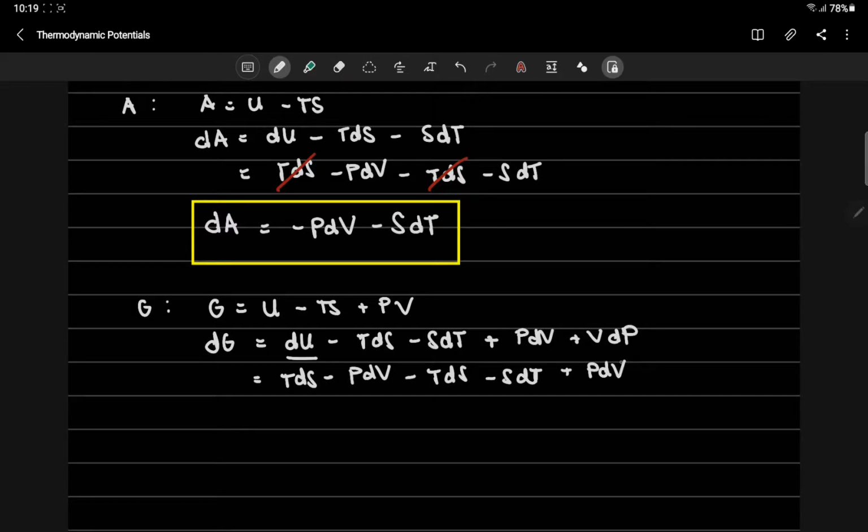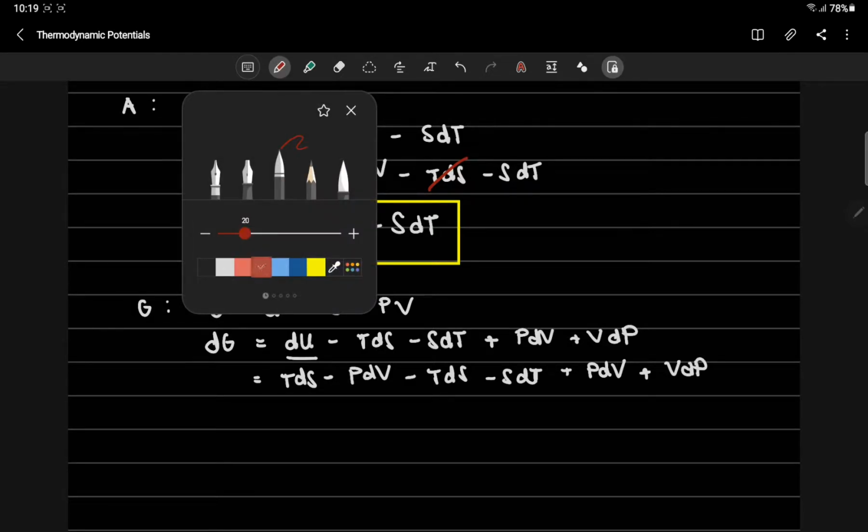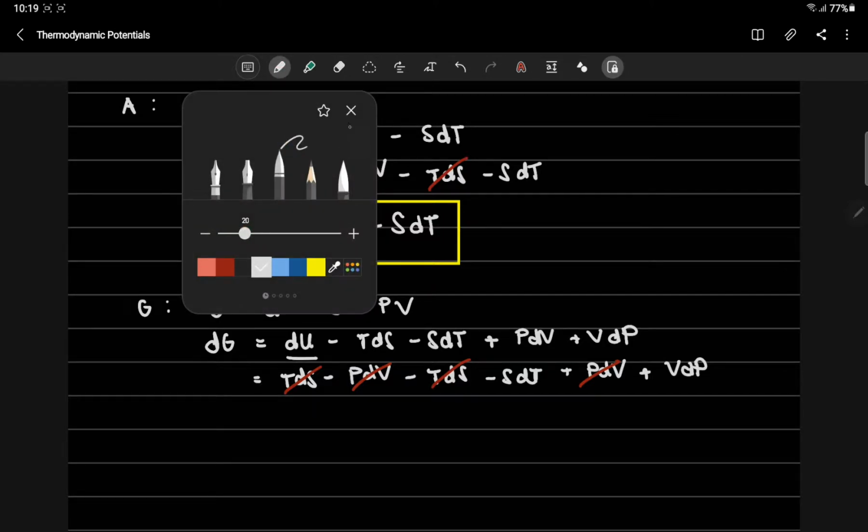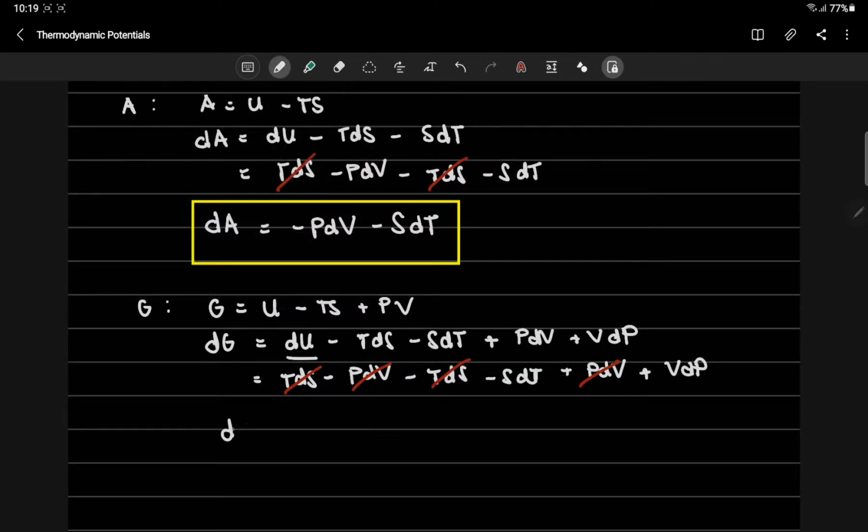I'm now copying the other terms from the previous expression, and we can remove those terms with opposite signs, and those are TdS and PdV. Therefore, we were able to obtain now an equation to calculate the change in Gibbs free energy.